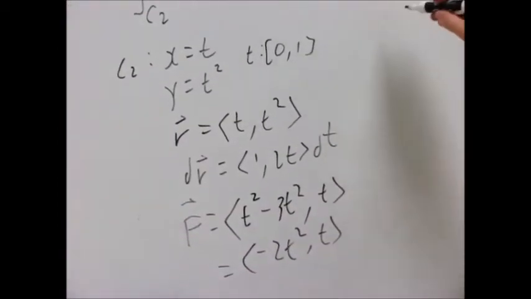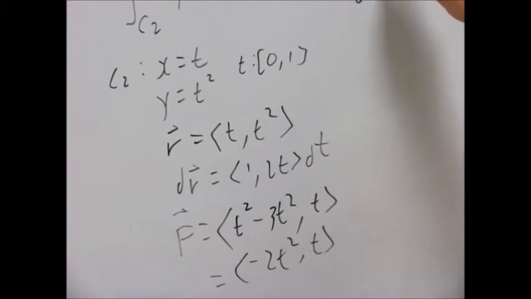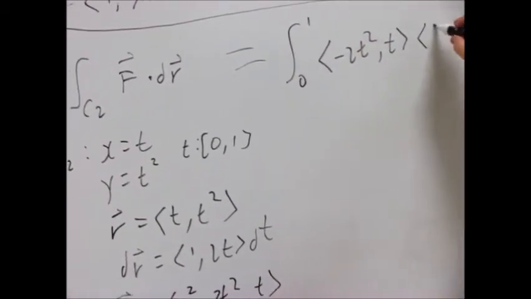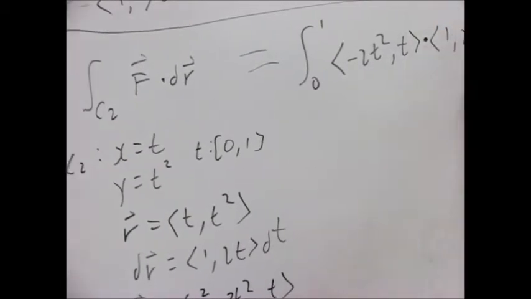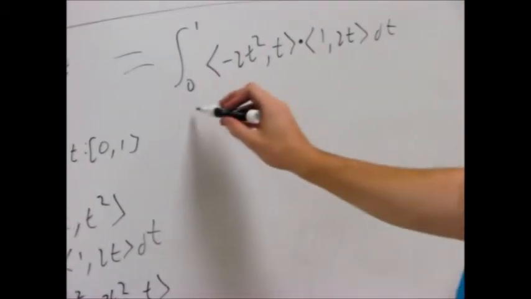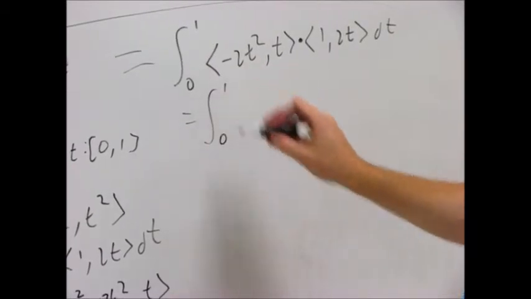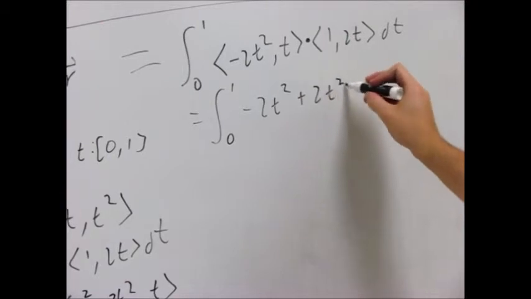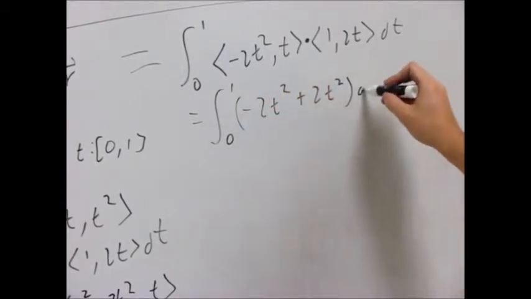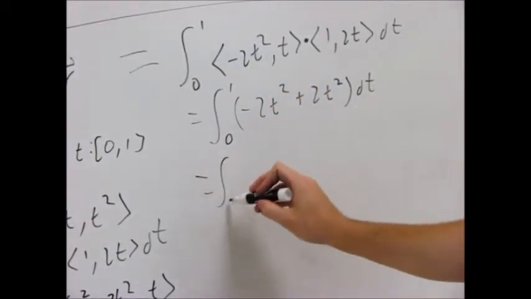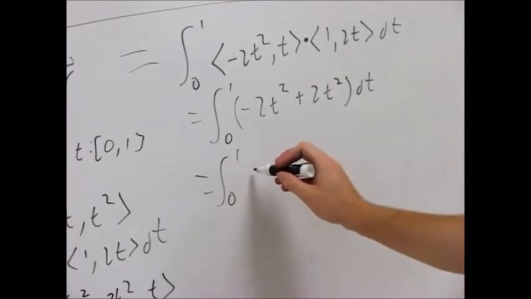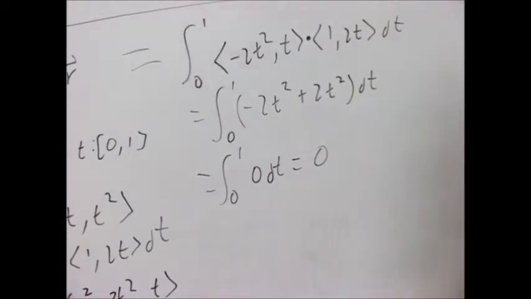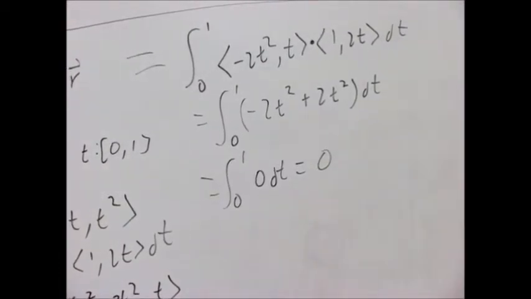So the integral becomes, integral from 0 to 1, negative 2t squared, t, dotted with 1, 2t dt, which is negative 2t squared plus 2t squared dt. So now, integral from 0 to 1 of 0. Integral of 0 is 0. And so it's also 0.